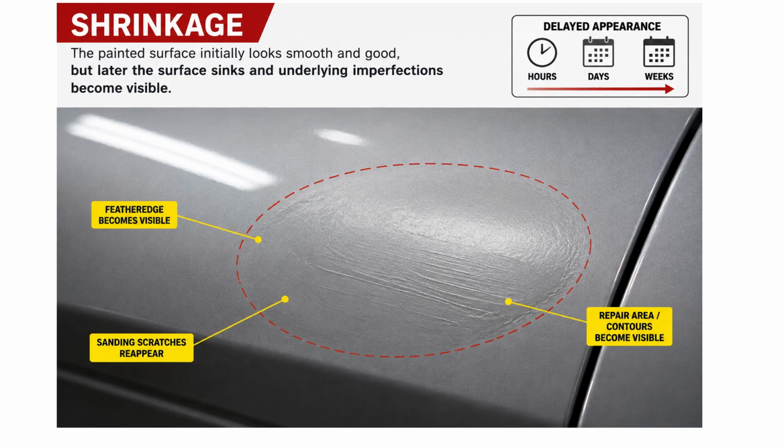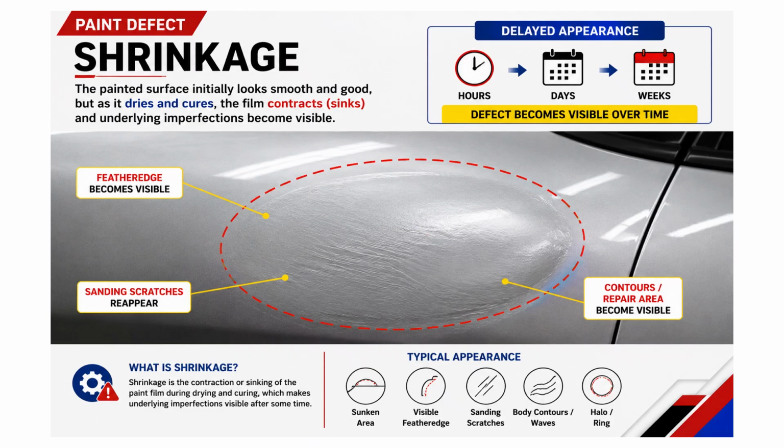Here is the diagram. Where can we see the shrinkage effect on the paint? The feather edge becomes visible, sanding scratches reappear, and repair area contours become visible. Here is another diagram. We can see the feather edge becomes visible once again, sanding scratches reappear, and of course, repair area contours become visible.